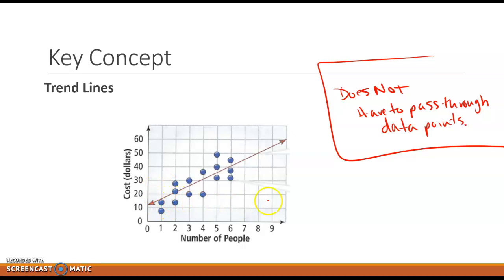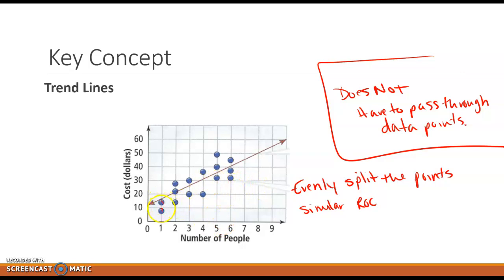This one passes through one of them, but our goal is to evenly split the points, but at the same time moving at as close to the same rate of change. So we're wanting a similar rate of change. Notice here we're moving our line at the approximate same rate that the points are.